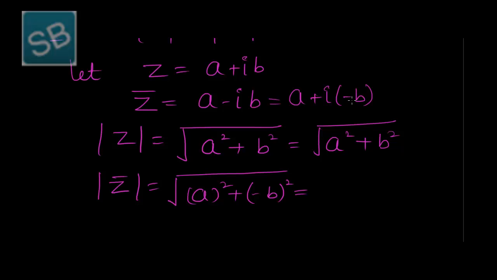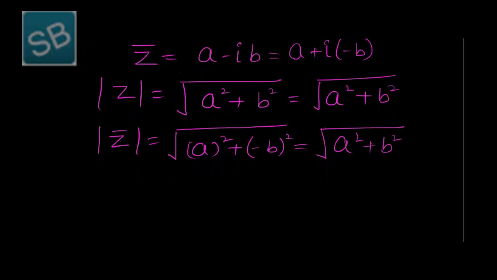So here the imaginary part is minus b. This point should be noted by all the students. There will be no difference, but the right manner is a square plus b square under root. So from these two observations we get mod z is equal to mod z bar. So we get our required result.